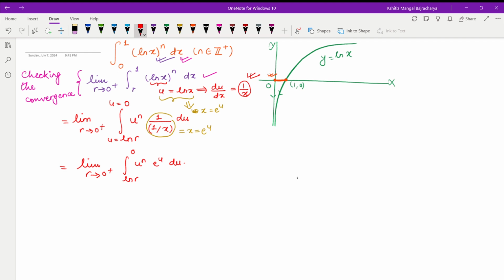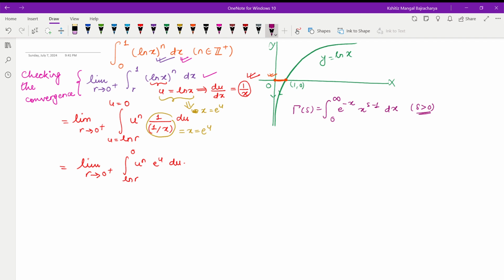Now if we look at the integrand carefully, we can compare it with the gamma integral. The gamma integral will be something like this, and this will be convergent for any positive real number.